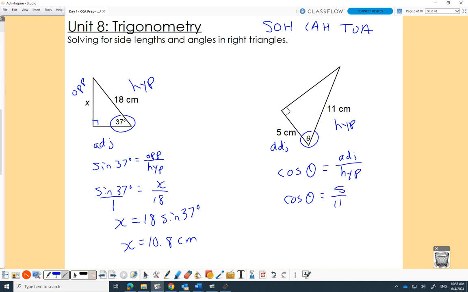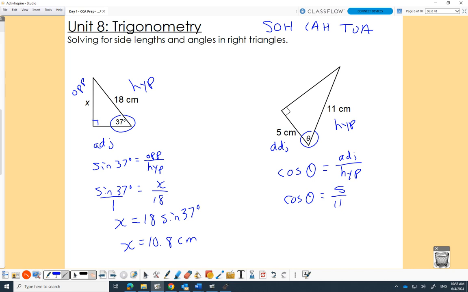Now, someone who is confused at this moment might say, Mr. Todd, my calculator doesn't have a theta button. It's actually a pretty good question, because it looks like you have to hit cos theta, but you don't. You have to do something different. Yeah, use the shift button. If somebody hit cos theta, they got 5 over 11.